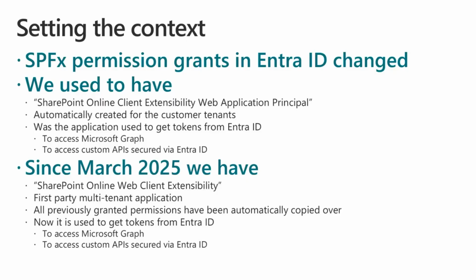Now, with this new application, we'll still get the tokens from Entra ID to consume Microsoft Graph and any other API secured with Entra ID, but with a different model, with a multi-tenant application, which has been created and registered as multi-tenant by Microsoft as a first-party one. And what happened when we transitioned from the old one to the new one was that all of the previously granted permissions were automatically copied over to the new application. So that's to set a bit of context.